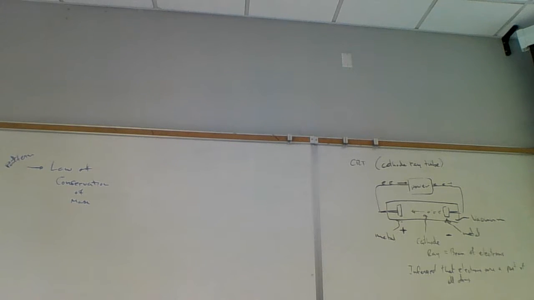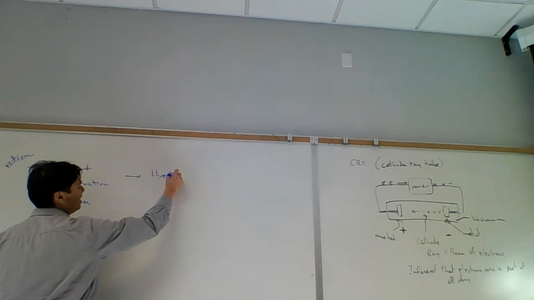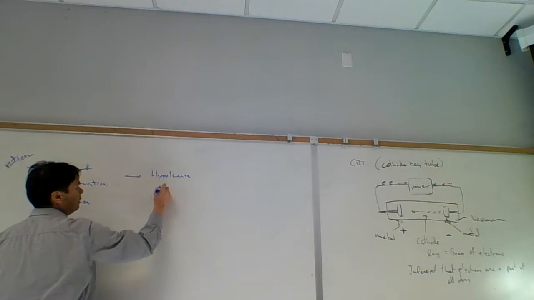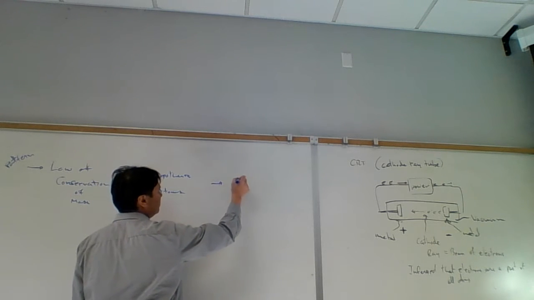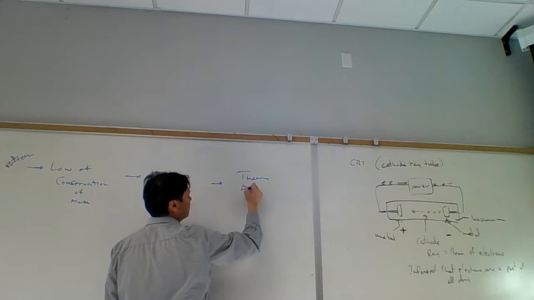The atoms don't disappear, you don't make new ones. You have all the same atoms that you had before, they're just rearranged. And so the hypothesis here was the atoms. And that led to the theory, which is atomic theory.